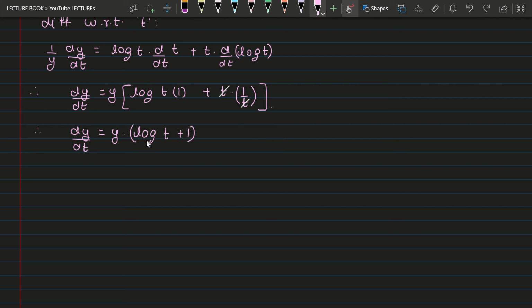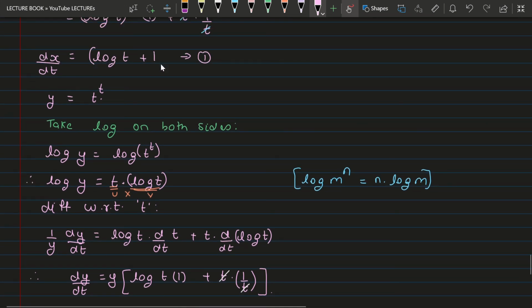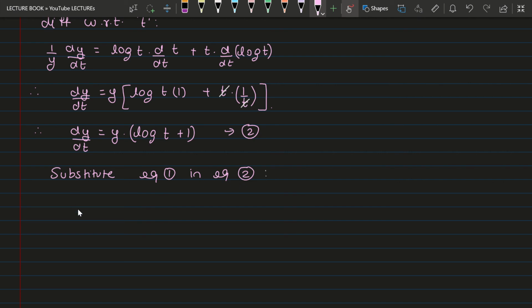That's great. So now what is log t plus 1, students? Log t plus 1 is the value of dx by dt. So suppose if I say this is equation 2, and if we substitute equation 1 in equation 2, I get dy by dt is equal to y multiplied by dx by dt.